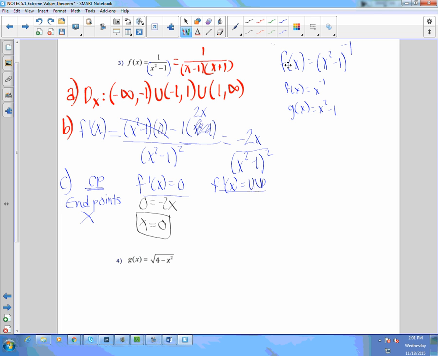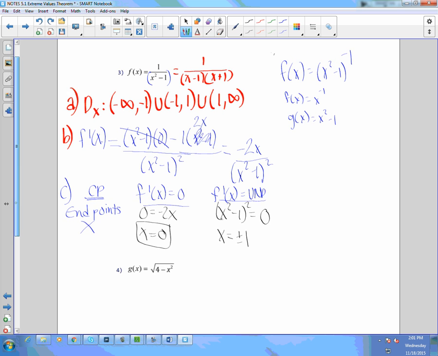And then it's undefined when the denominator of our derivative is 0. So x squared minus 1, what would x have to be? Plus or minus 1, right? So we actually have 3 critical points.